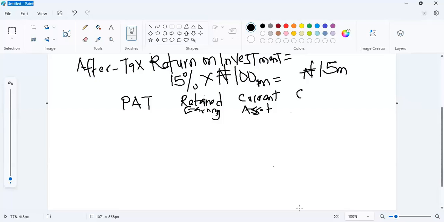My non-current assets will also be affected.